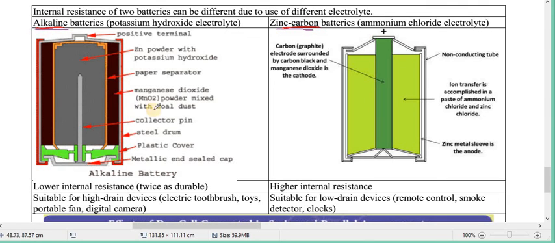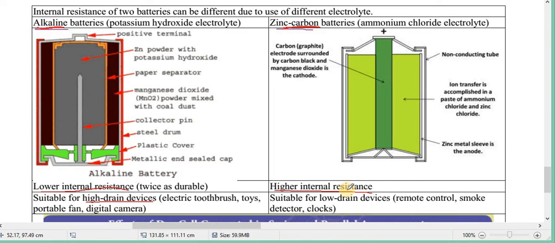Alkaline and zinc carbon. And you need to know alkaline has lower internal resistance, zinc carbon has higher internal resistance. Where do we need to use them? What is each suitable for? Alkaline battery is suitable for high drain devices: electric toothbrush, toys, portable fan, digital camera, and so on.